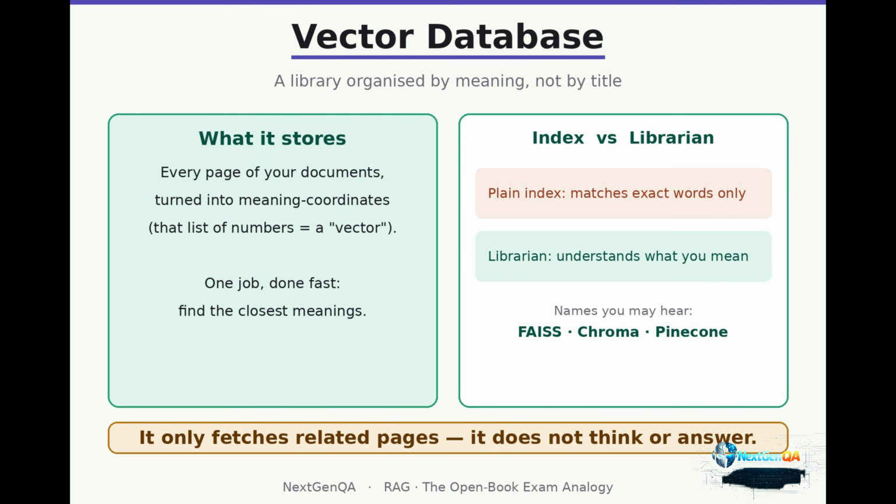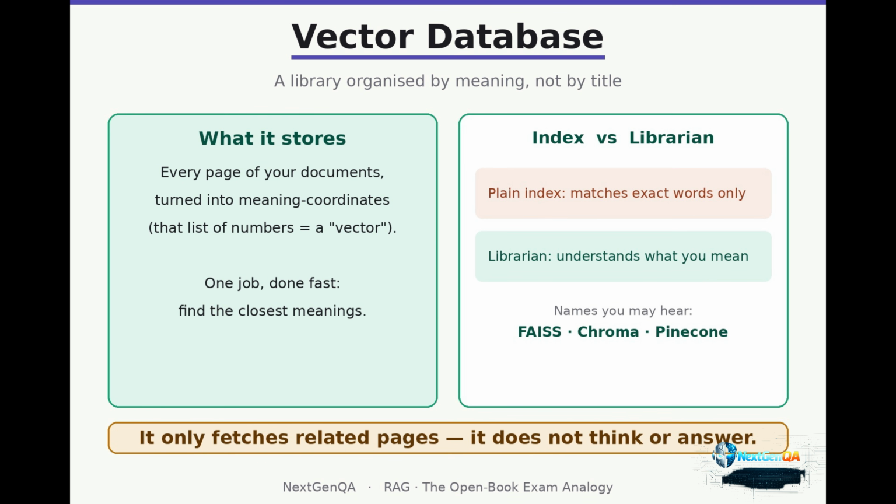Come back to the library picture. A normal bookshelf is organized alphabetically, useful only if you already know the exact title. But our vector database is a magical library organized by meaning. You walk in, describe the idea you are looking for, and the library instantly points you to the shelf where all the related pages live, even if none of them use your exact words.